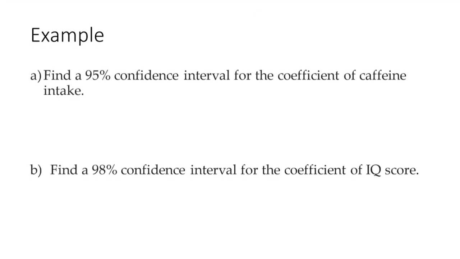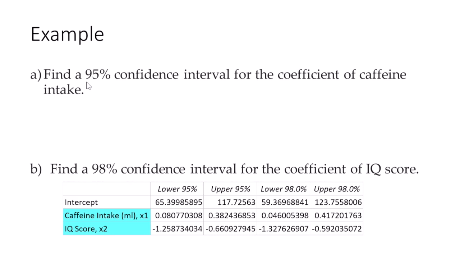So to find the confidence interval for the coefficients of the regression model, I am taking the Excel output that we created just now. To find a 95% confidence interval for the coefficient of caffeine intake, this is the coefficient of caffeine intake.